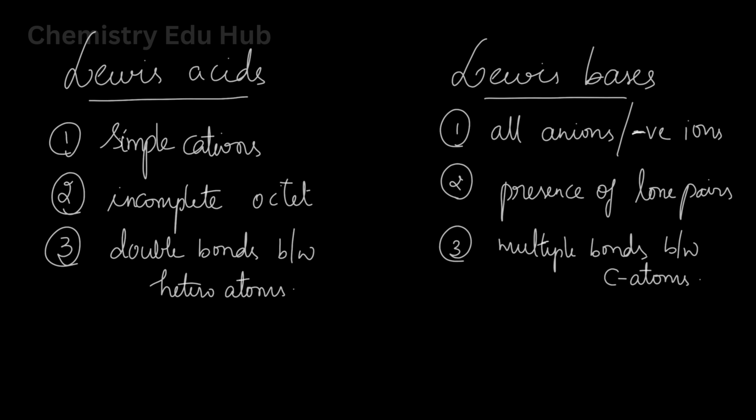So let us see which substances or species can be considered as Lewis acids and Lewis bases. You can take simple cations except for 1A and 2A group elements. 1A and 2A group cations will not be included under Lewis acids, but the rest of the cations like Fe2+, Fe3+, Zn2+ can be considered as Lewis acids.